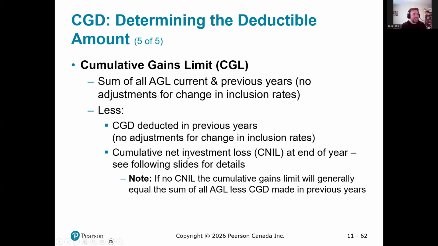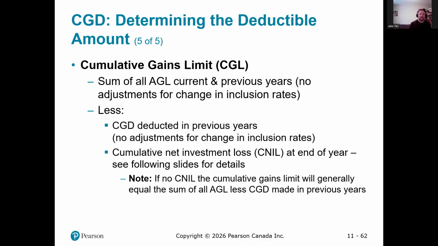The cumulative net investment loss comes into play if I continuously have investment losses. So overall, all of my investments lost money, so they're sitting on my tax account to be used. They're waiting for me to have investment income to use up those losses. And then this year, I have a big capital gain from selling a small business.